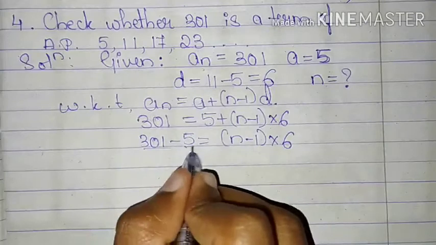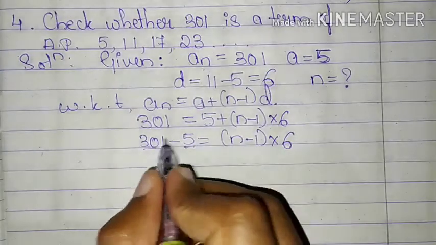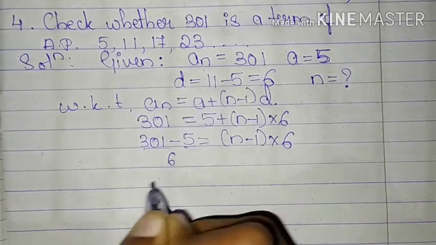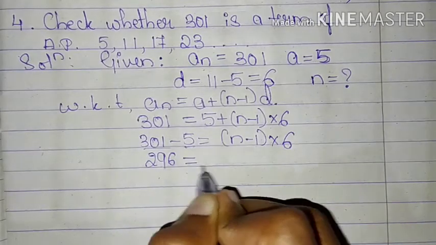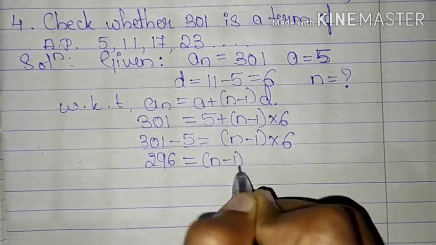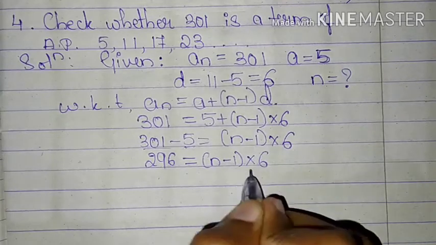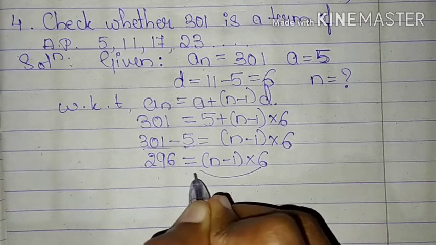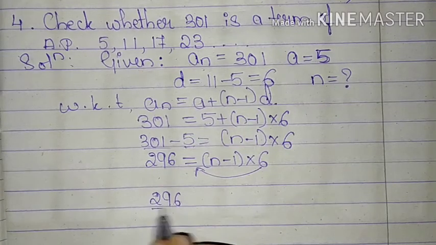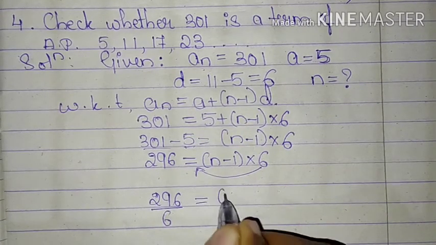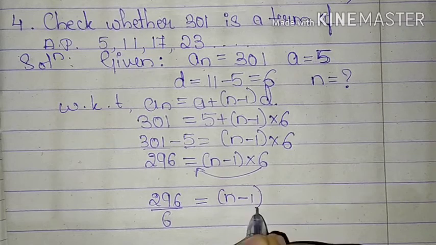Now 301 minus 5, what's the value? It is 296, which is equal to (n minus 1) into 6. Now it is multiplied here, so after transposing to the LHS, it will be 296 by 6 is equal to n minus 1.